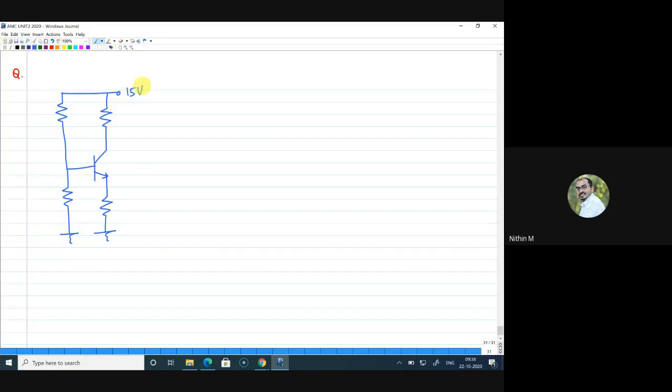So this is connected to 15 volts. This is a 100 kilo resistance. This is a 5 kilo resistance. This is a 50 kilo resistance, and this is a 3 kilo resistance. Consider beta is 100. The question is to find voltages at all nodes and current through all branches.